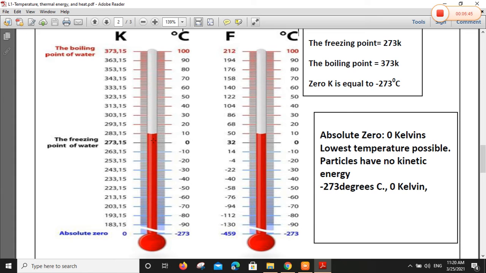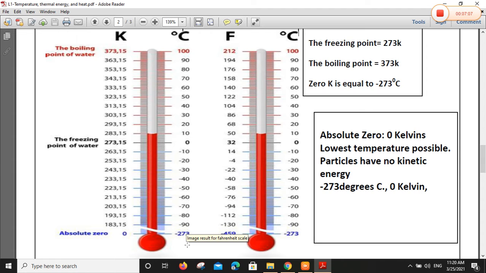When we reach absolute zero, 0 K, this happens at negative 273 Celsius degrees. So 0 Kelvin equals negative 273 Celsius degrees. Okay?